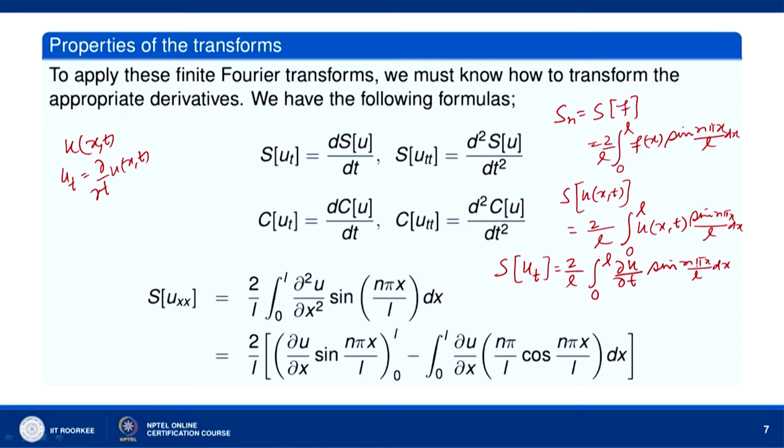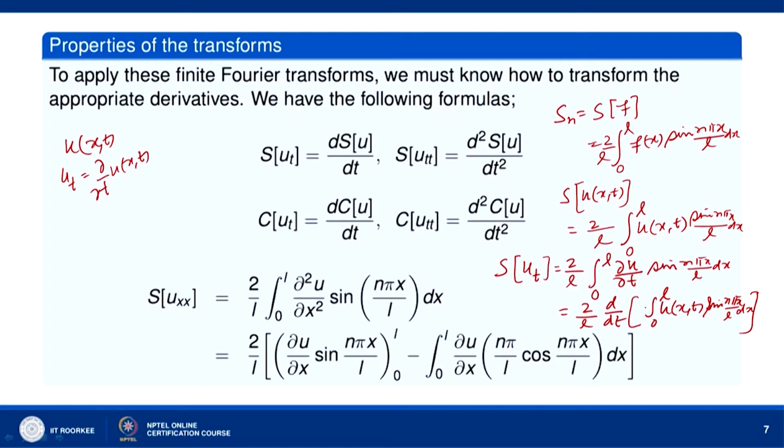Since t and x are independent of each other, we can write it as 2 over L d over dt of integral 0 to L u(x,t) sin n pi x over L dx.